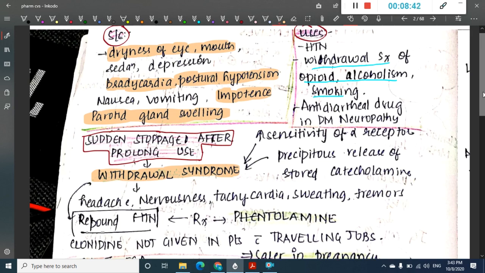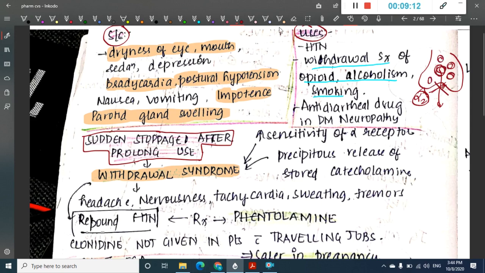And what is clonidine doing? This is stopping the noradrenaline release. If this is the synaptic terminal, whenever it activates alpha 2, this activation will inhibit the release. Normally these neurotransmitters are released into the synaptic terminal, so this release has been blocked. Because the release has been blocked, all the neurotransmitters which are formed are now stored in the synaptic terminal.